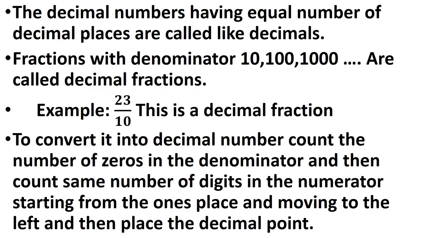See, it is 23 upon 10. Here is 1 0. Okay, so we will start counting the same number of digits in the numerator starting from the ones place. This is the ones place. Okay, and moving towards your left hand side. So 1 0 is there, so the decimal will come after one digit.